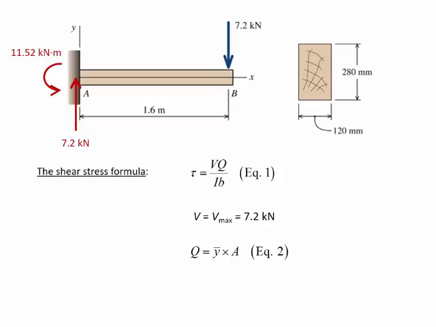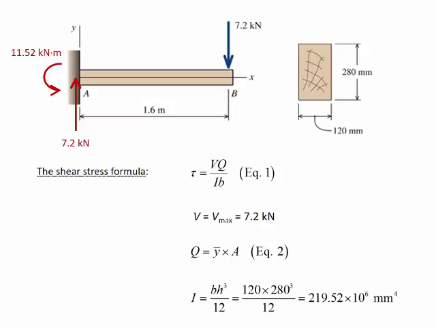So the first moment of area will differ depending on where we are calculating the stresses, but the way we calculate that first moment of area is just the area above or below that level where we are calculating the stresses times the distance of the centroid of that area to the neutral axis.